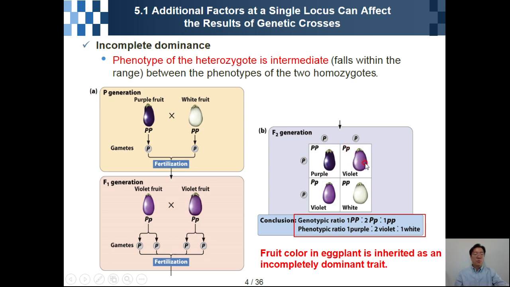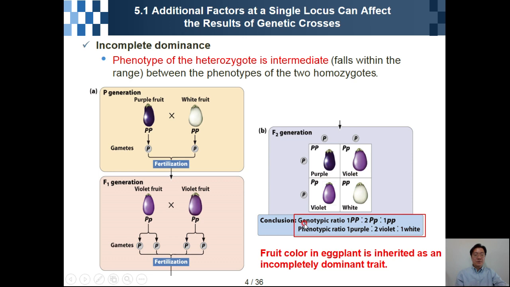In this square, large P large P means the phenotype will be purple. This one is large P small p, so the phenotype will be violet. This one is also large P small p, so violet. This one is small p small p, so the phenotype will be white.